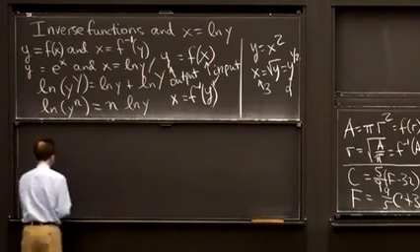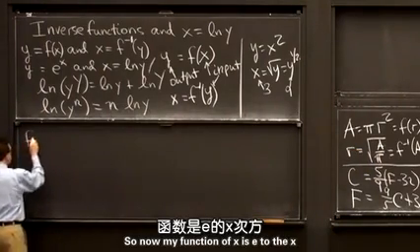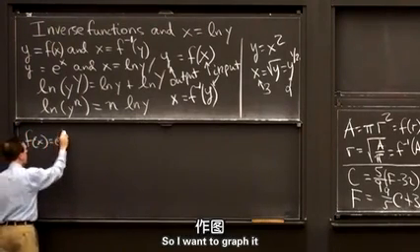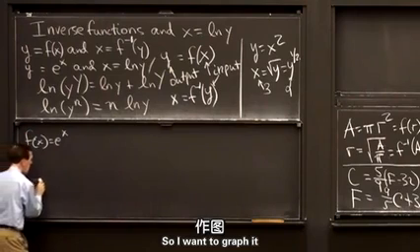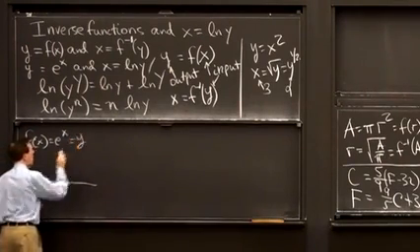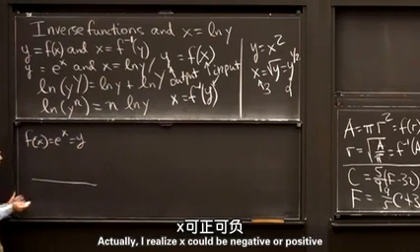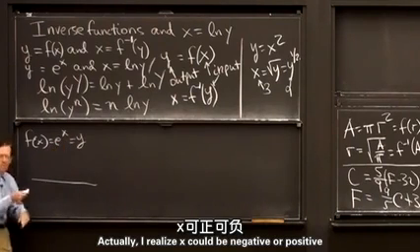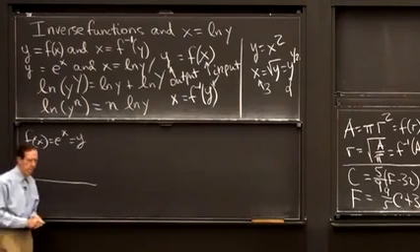Okay. So now my function of x is e to the x, and I want to graph it. This is, of course, y. Actually, x can be negative or positive, no problem.